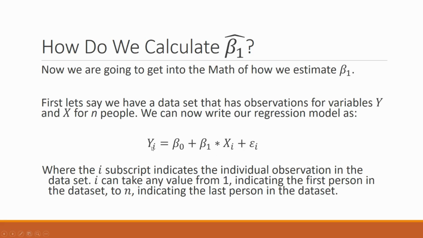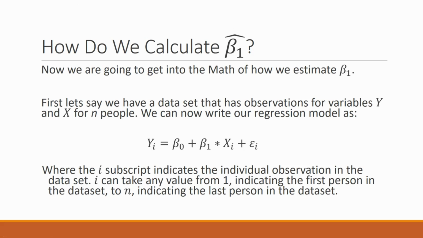We want to know how much y goes up or down with a 1 unit change in x. So we want to know what the population beta 1 is. Because we can't calculate it directly, we're going to estimate it by finding beta 1 hat.